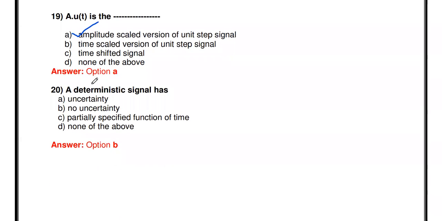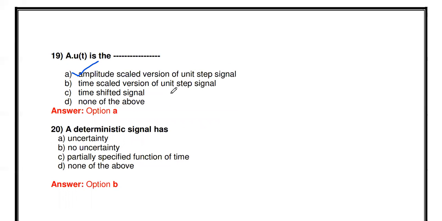Okay, then the next one: a deterministic signal has uncertainty, no uncertainty, partially specified function of time, or none of the above. A deterministic signal, as you already know, means the signal can be described either in mathematical format, lookup table, or graphical method.